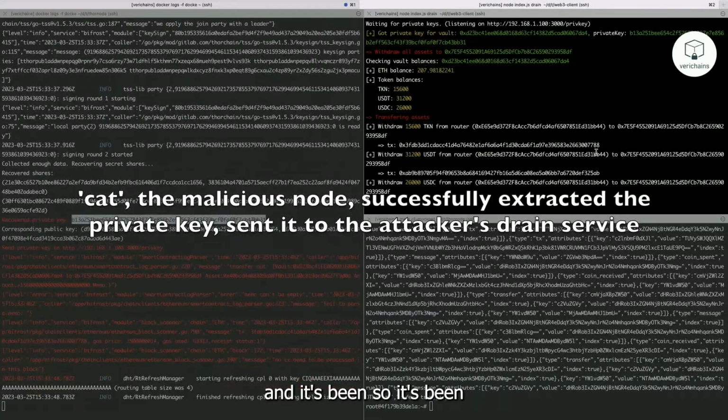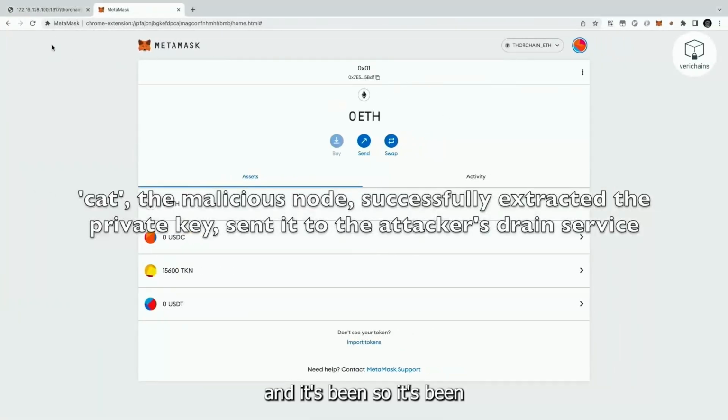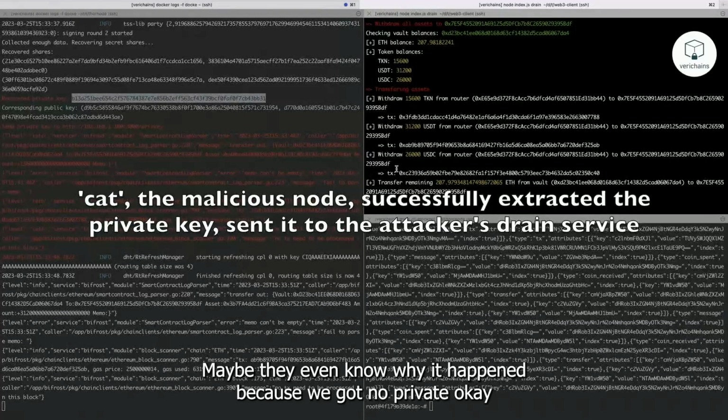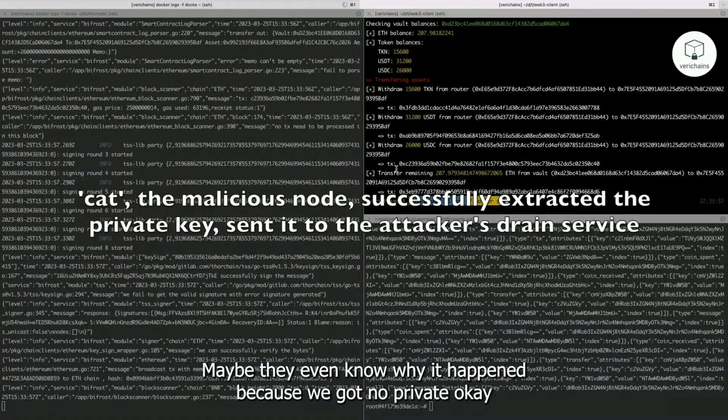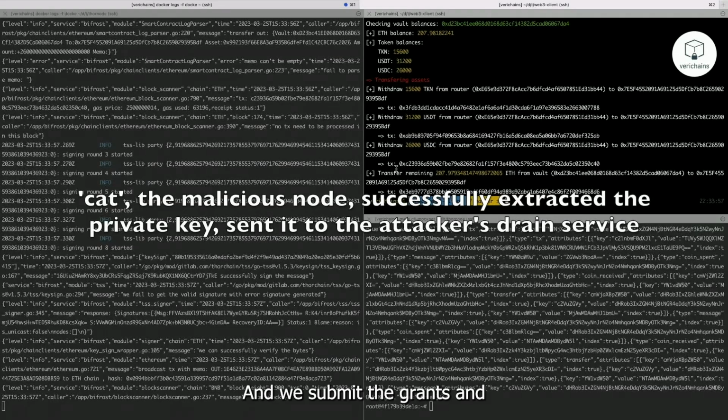And it's interesting, the attack is very silent. Maybe they don't even know why it happened, because we got the private key and we submitted the transaction ourselves.